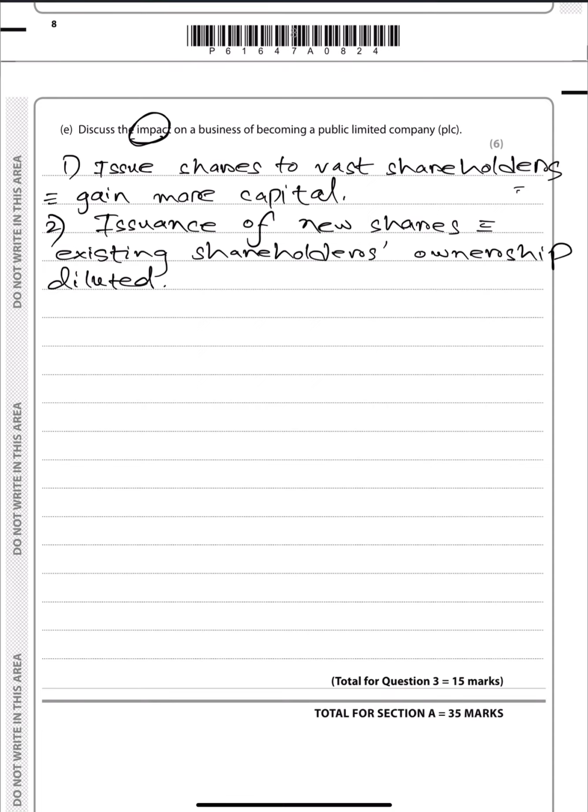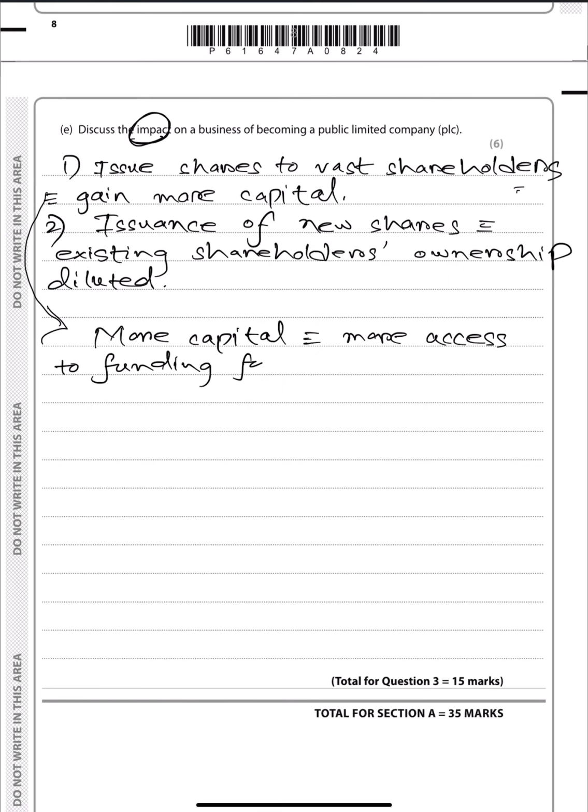So these are one advantage and one disadvantage, and then we can talk about how the ability to sell their shares easily also means shareholders may purchase large amounts of shares and they may be able to raise large amounts of funds for growth. So since we said over here more capital, we can link as an explanation to that point that more capital will mean more access to funding for growth.